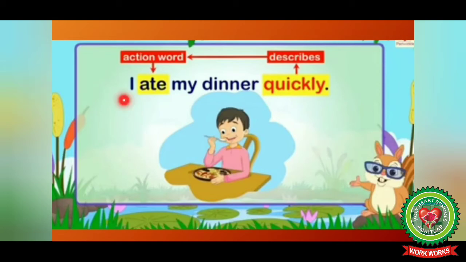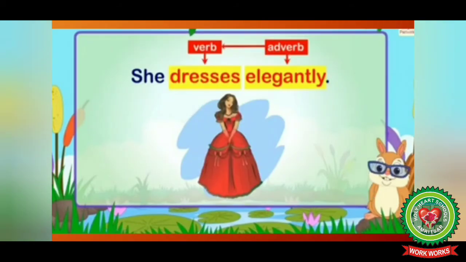Next is, I ate my dinner quickly. So, how did I eat my dinner? Quickly. Here, the word quickly is describing how the action took place. So, it's an adverb. Next is, she dresses elegantly.